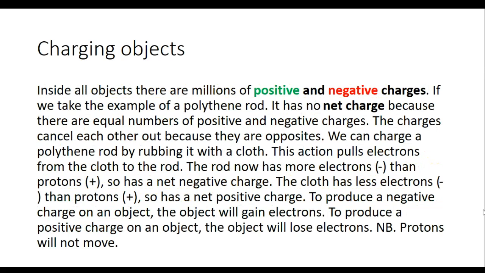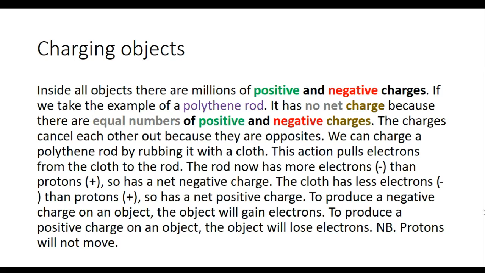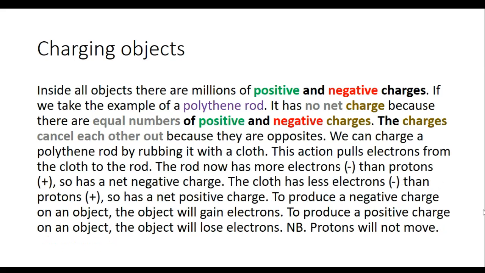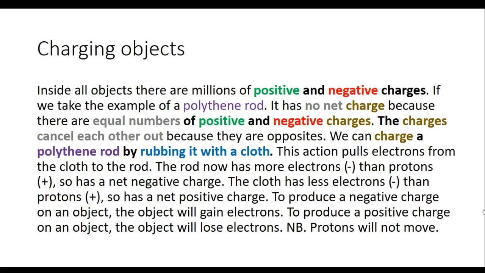If we take an example then of a polyethylene rod, it has no net charge because there are equal amounts of positive and negative charge. The charges then cancel each other out because they are opposites and we have the same amount of each. We can charge the rod by rubbing it against a cloth.